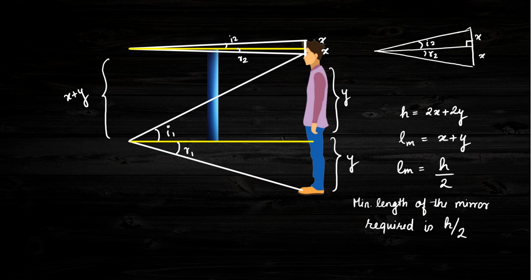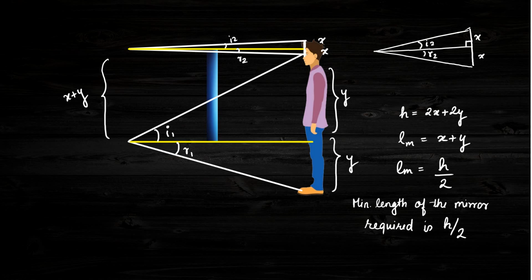So what essentially happens is that in the ray diagram, we'll have to draw a ray that goes from the eyes of the observer and gets reflected. So that ray may not reach the top of his head.